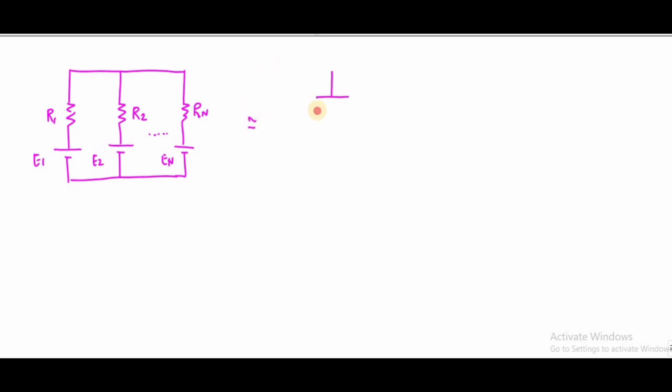This is called source transformation. Instead of a voltage in series with a resistance, I can draw a current source in parallel with this resistance. The current value is E1 divided by R1.